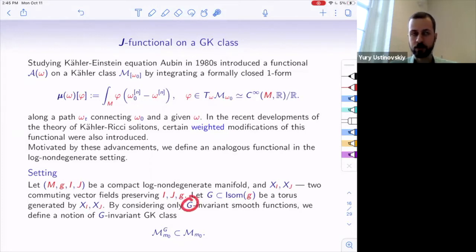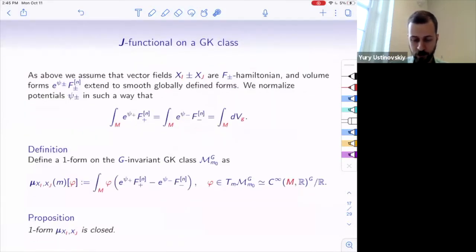We'll be considering the G-invariant generalized Kähler class. And by G-invariant, I mean the class which you obtain flowing only along Hamiltonian potentials which are invariant under this choice of group G. So that will be important for us. So that's the notion of a generalized Kähler class which is G-invariant. So it's obviously smaller than the full generalized Kähler class.